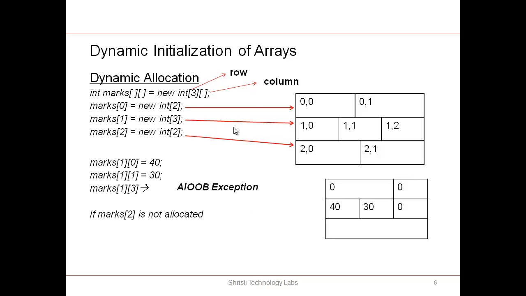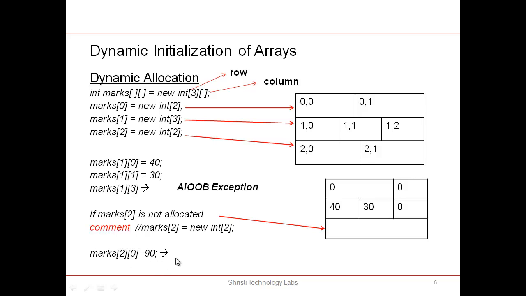Suppose say I am commenting the last line, marks of 2 is equal to new int of 2. This part I am commenting. In this case, if I try to allocate value for 2 of 0, for this allocation I have commented this line, so nothing is allocated. It is an open space, no memory is allocated, but I am trying to give value 2 of 0 is equal to 90.